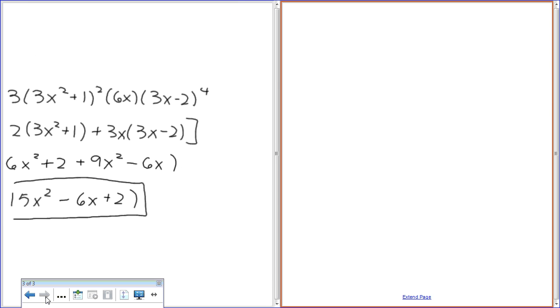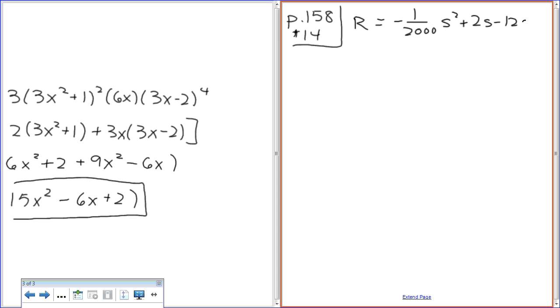All right, so homework first of all. This was number 14 on page 158. We'll continue number 14. Okay, it says the range of an aircraft in miles per hour is r is equal to negative 1 over 2,000 s squared plus 2s minus 1,200, where s is equal to the speed and r is equal to range.